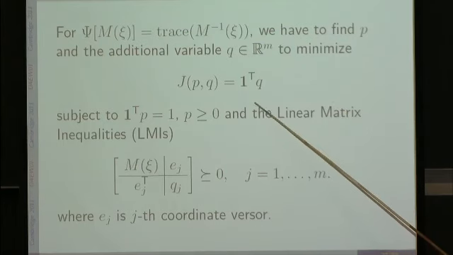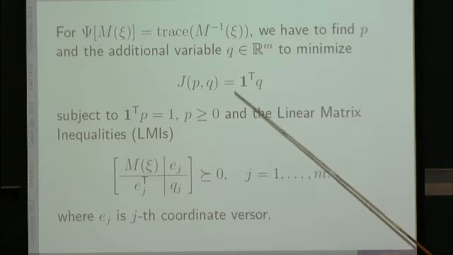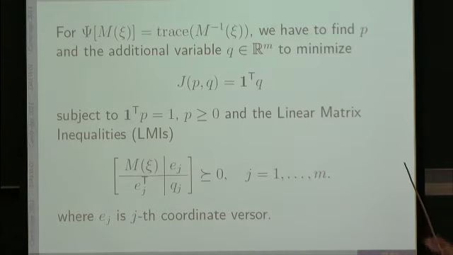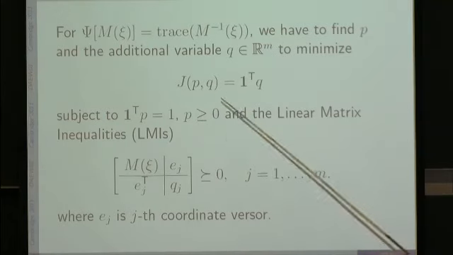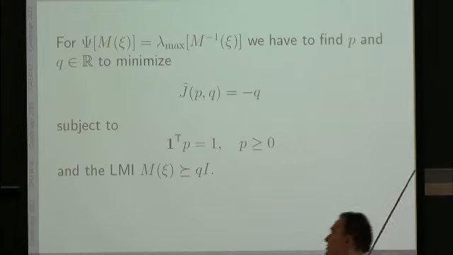So we can reduce the problem to linear matrix inequalities. There are a lot of solvers which can treat this problem directly. Here the trick is to introduce some new auxiliary variable q. Then everything is reduced to the formulation where solvers related to linear matrix inequalities can be used.